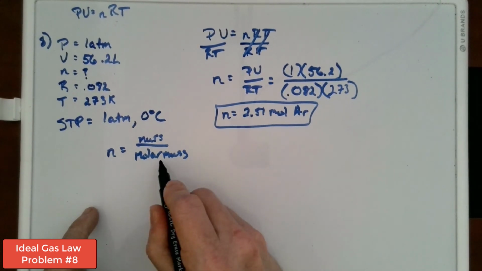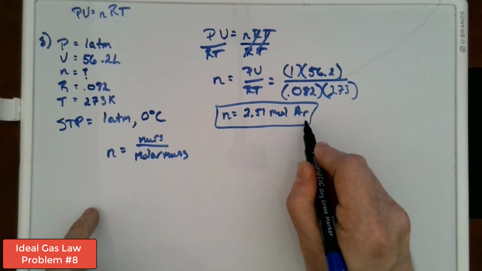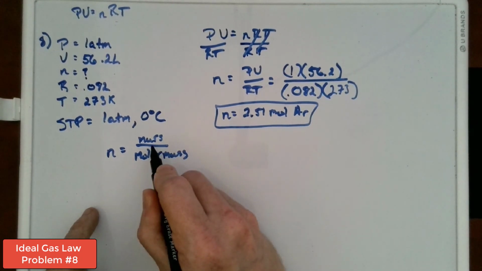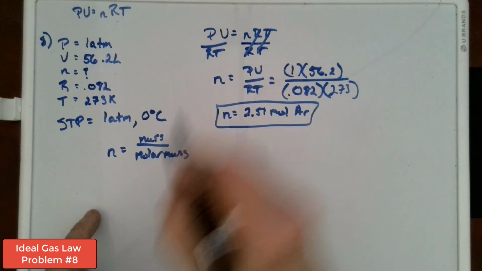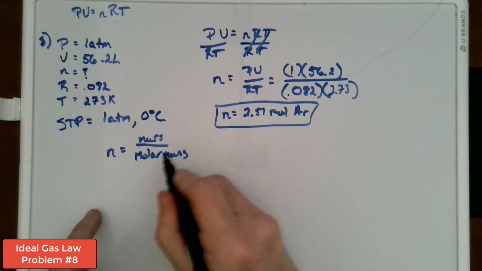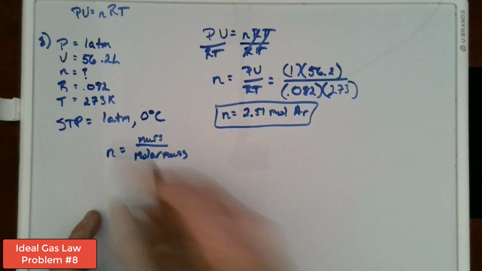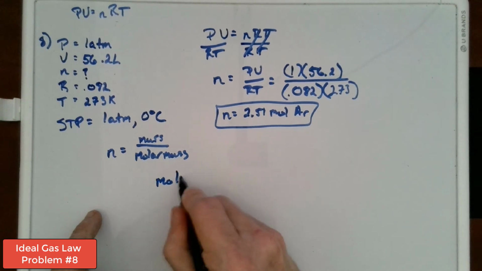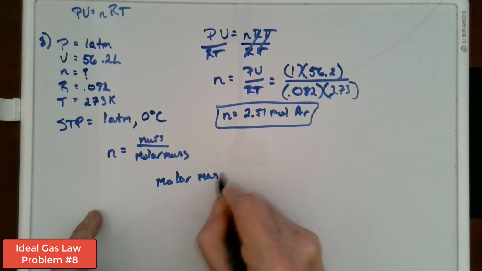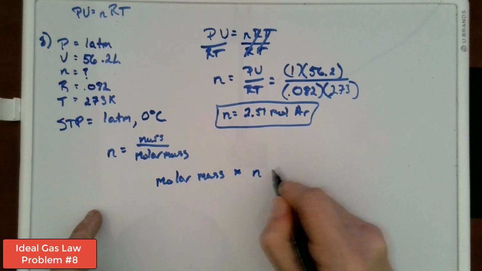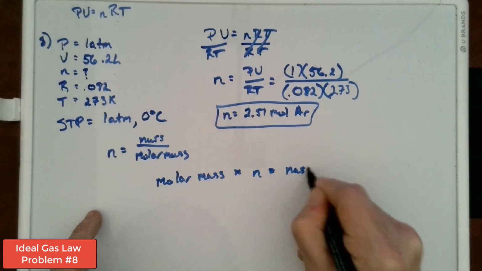We should know the molar mass because it's argon. Solving for this, I can solve for mass itself. If I rearrange my equation to solve for mass, I multiply both sides by molar mass, so I will end up with molar mass times the number of moles equals the mass.